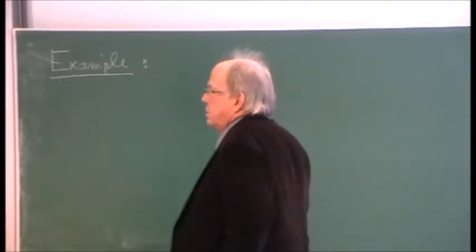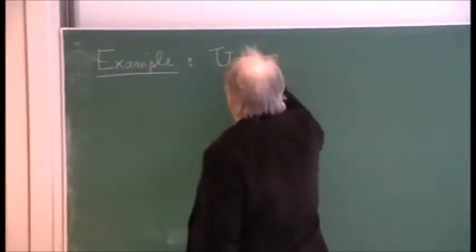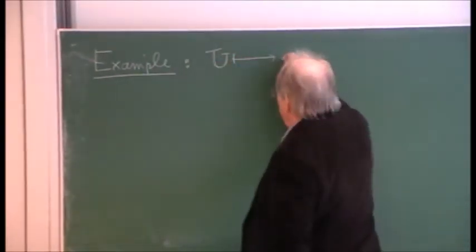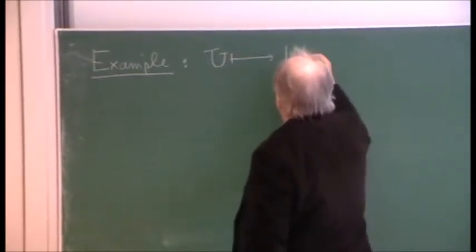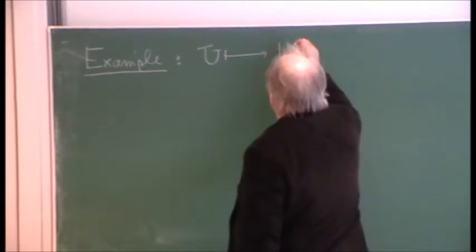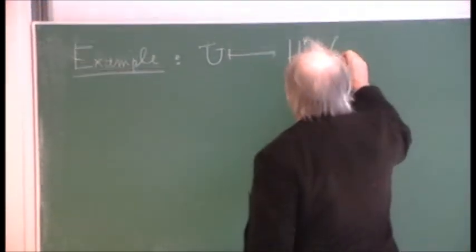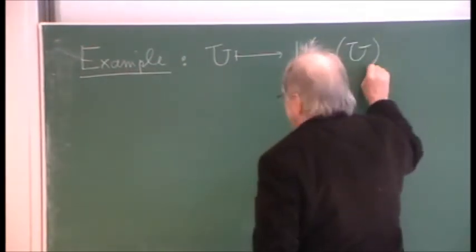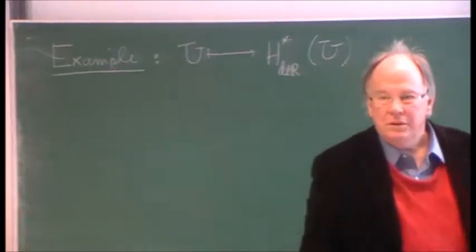So, let's look at the mapping. U is mapped to the de Rham cohomology. I just say it doesn't matter, some de Rham cohomology, the whole thing of U. Okay?